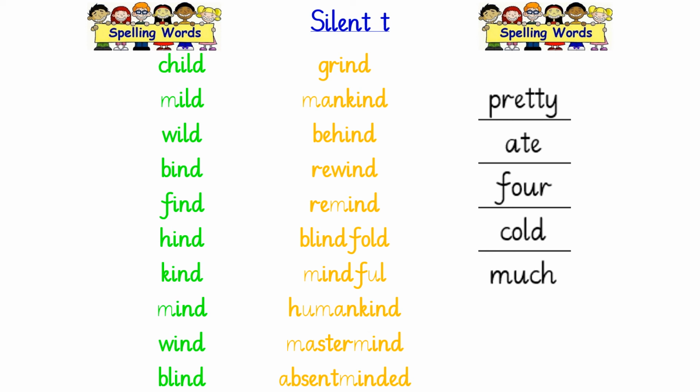Mastermind means to be the person who thinks of the ideas in a plan. So usually it's used in things like somebody is masterminding a bank robbery. So you would have one person in charge. Or some kind of James Bond villain type thing. And then absent-minded is a fancy word for forgetful.